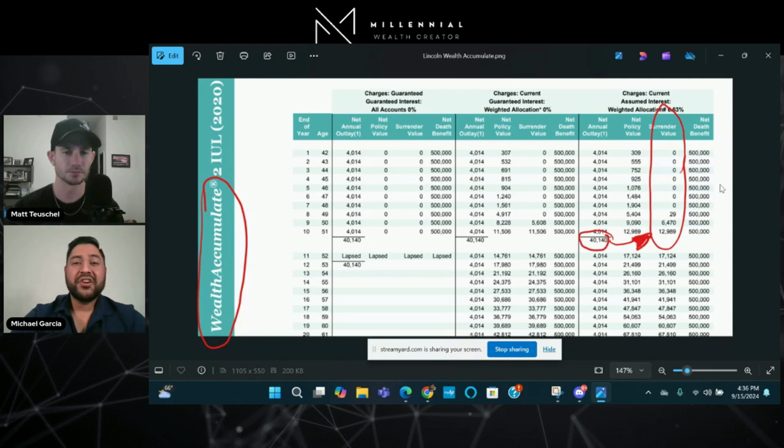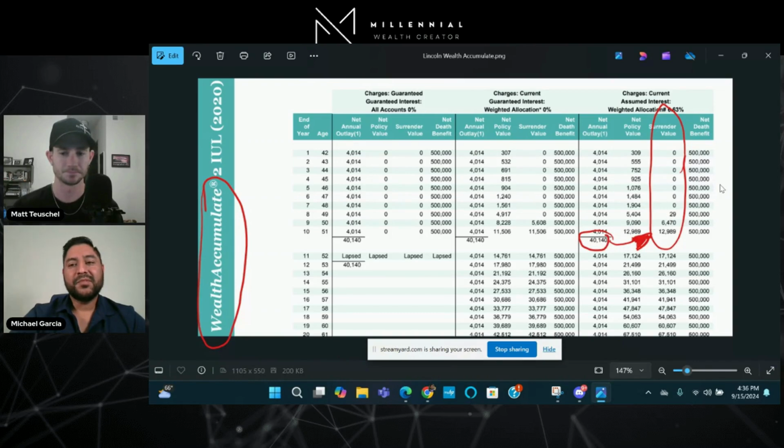And so if you're going to do IUL, you also need to remove that surrender charge. And by the way, your agent has the ability to remove that surrender charge, right? So if this agent had done that in year one, this client would have had access to cash value in that surrender value column, correct? Correct. They would have had access to 309.